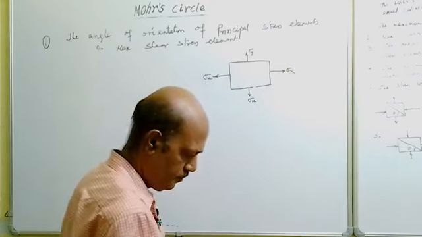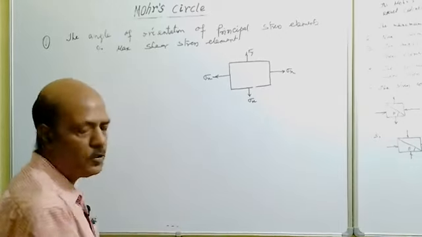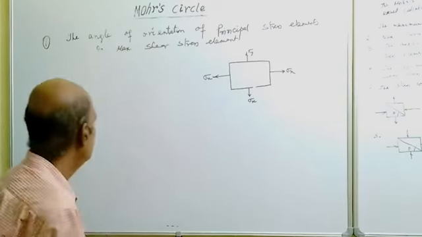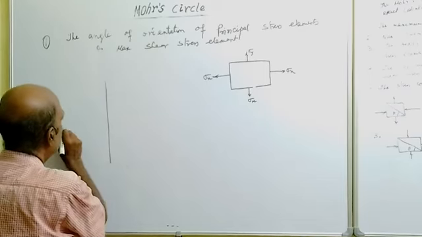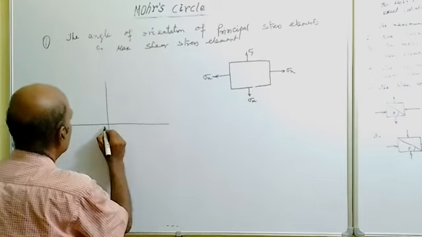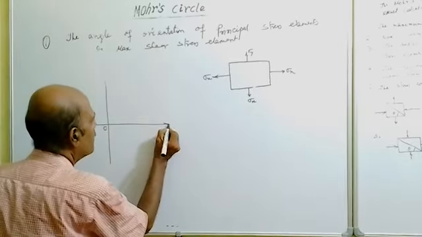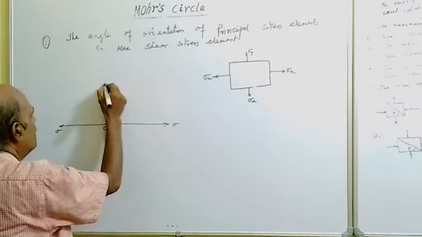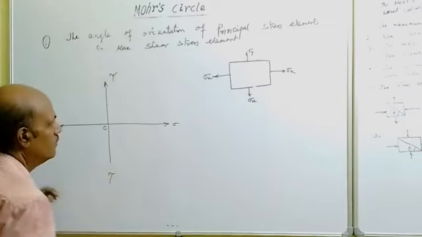Now we are going to draw the Mohr circle for this stress condition. For drawing the Mohr circle, first you draw the axis. Say this is the origin, this is your sigma axis and this is the tau axis.